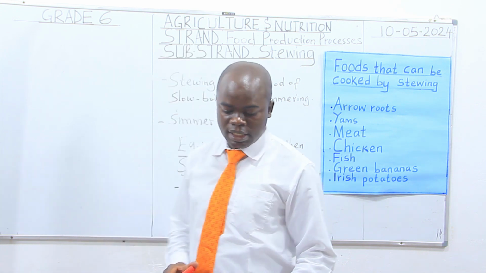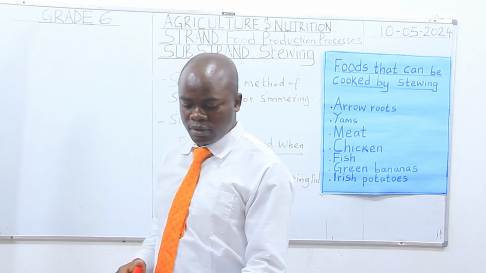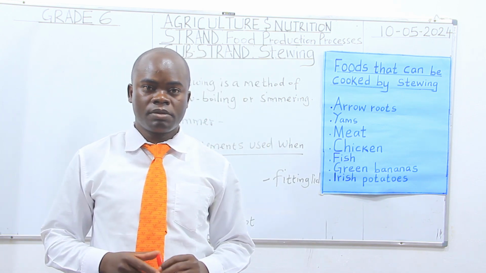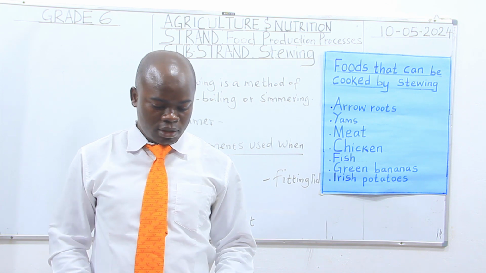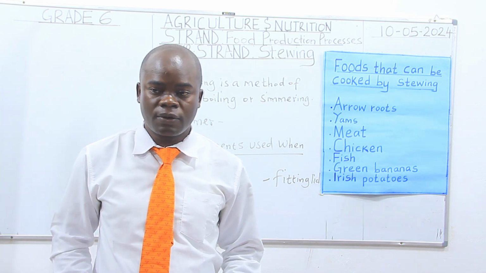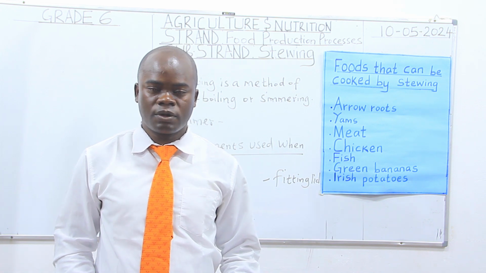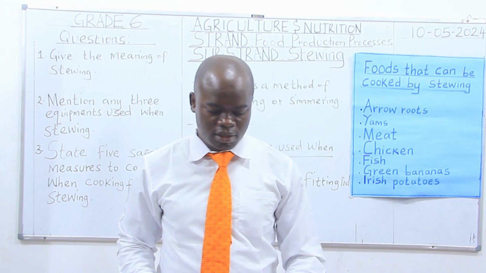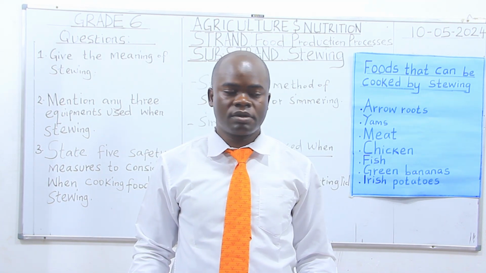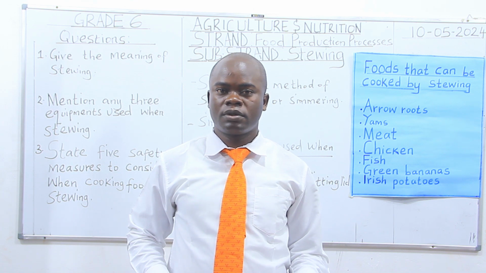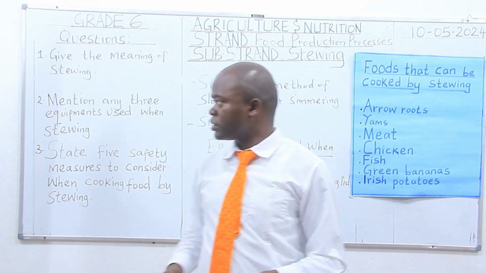Having said that, learners, I'll give you a few questions so that you can do them, as I'm also going to send the notes in due course. Having learned about stewing, I want you to try these questions.